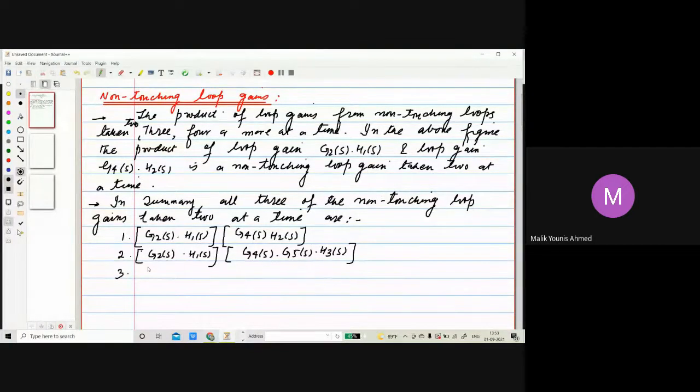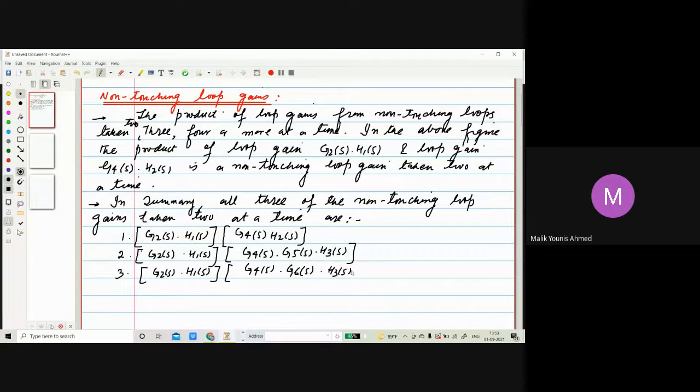So last is G2 of S into H1 of S multiplied by G4 of S, G6 of S, and H3 of S.